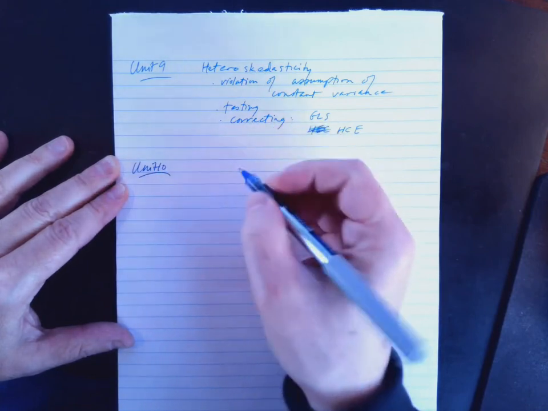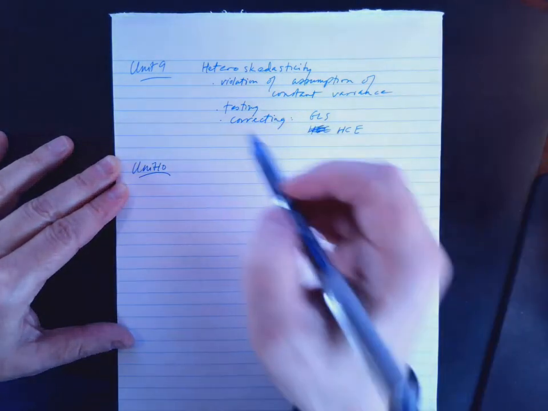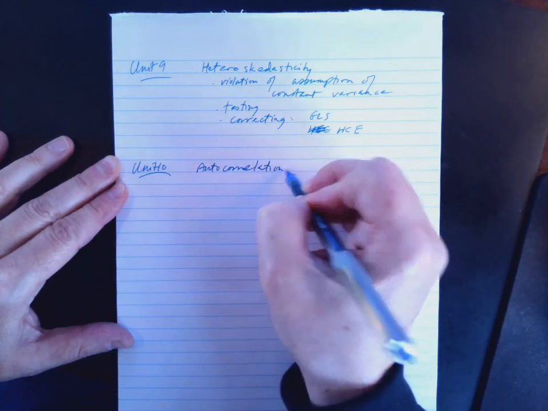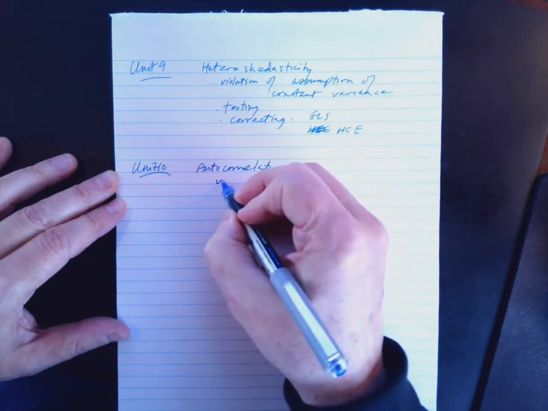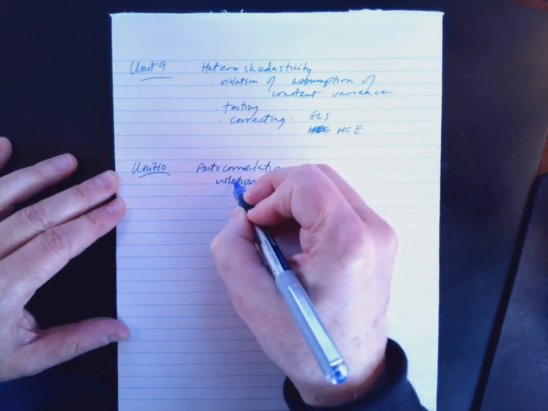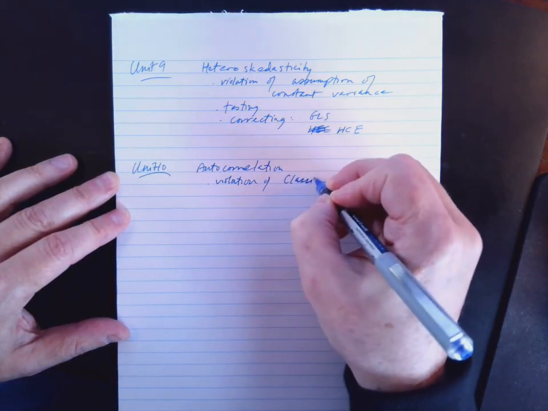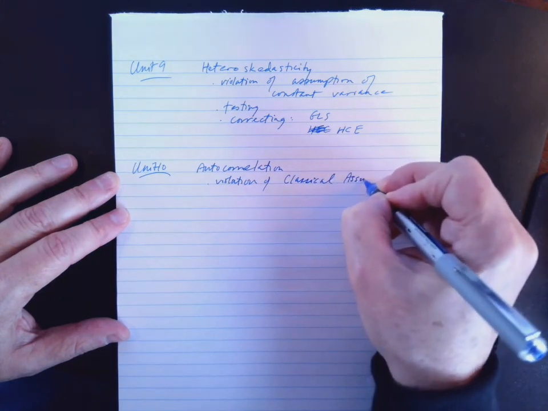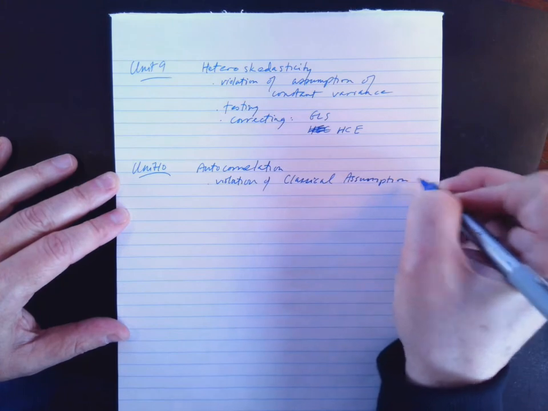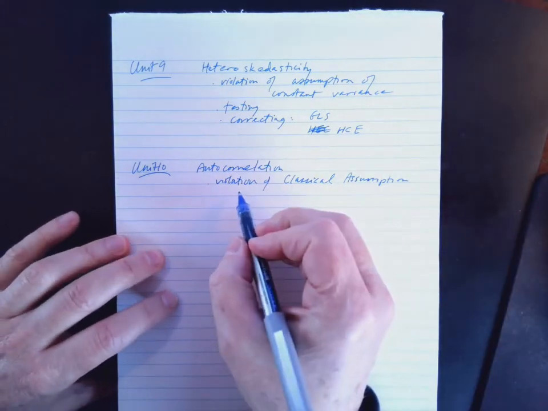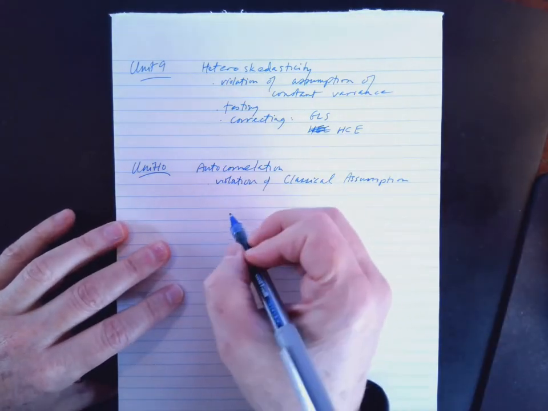Unit 10 was the topic of autocorrelation. Again, we talked about the violation of the classical assumption. What happens if the assumption of no covariance between two error terms at different points in the sample is violated?